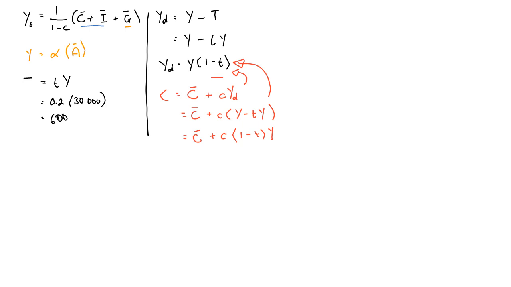Now onto the next page. I'm just going to raise the board now. Now you guys will remember that our multiplier in this case is 1 over 1 minus C, right?